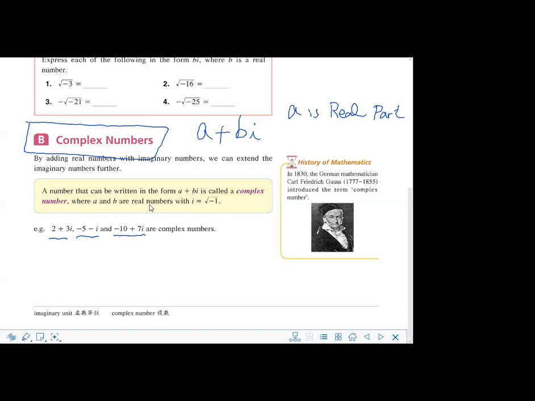The no-i part is called the real part, and the i part, the b, is called the imaginary part.